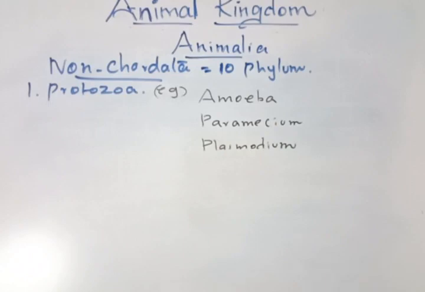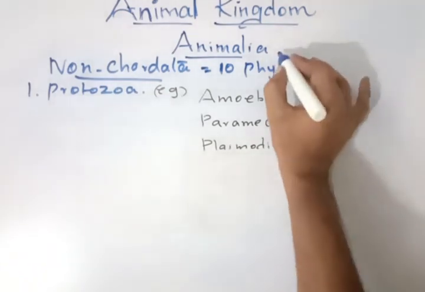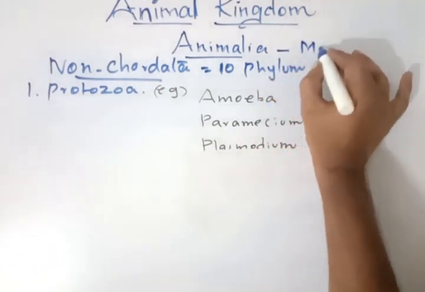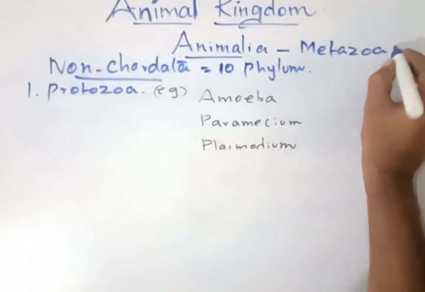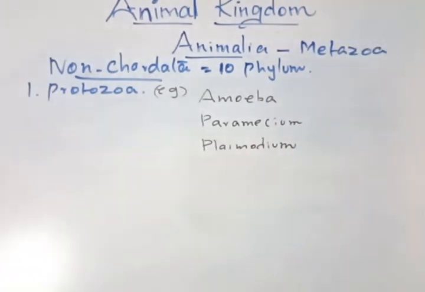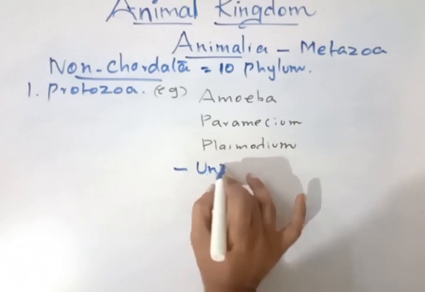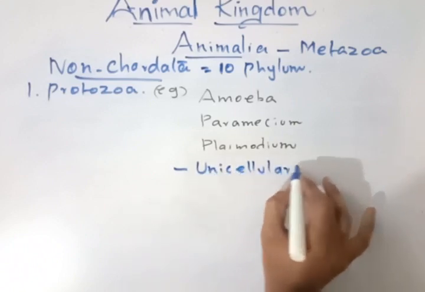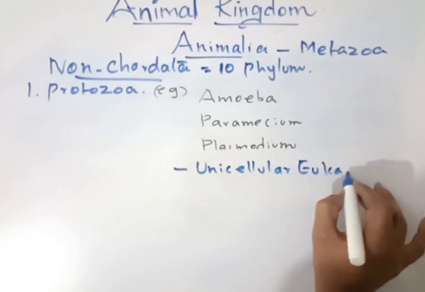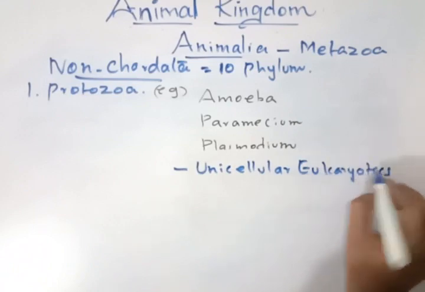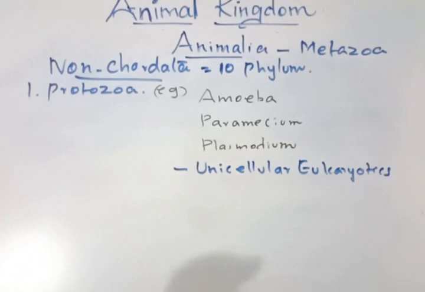Clear? Now we already studied the animals which belong to Animalia, also called the metazoa. Metazoa means multicellular. But this protozoa is not multicellular. They are unicellular eukaryotes. Right.